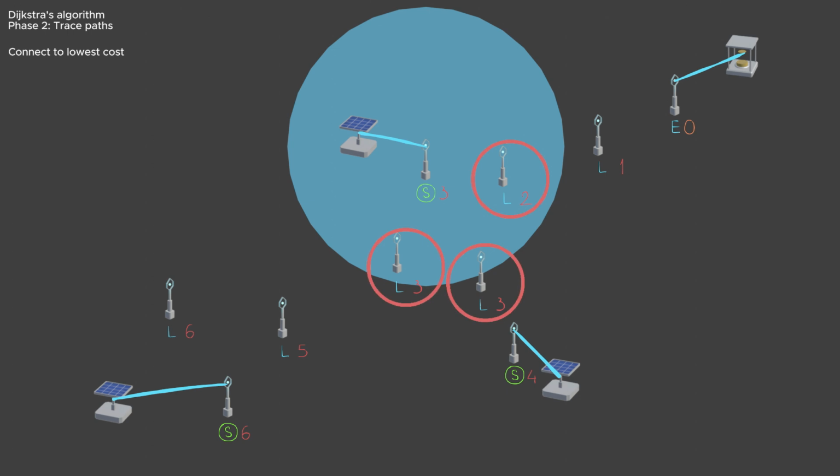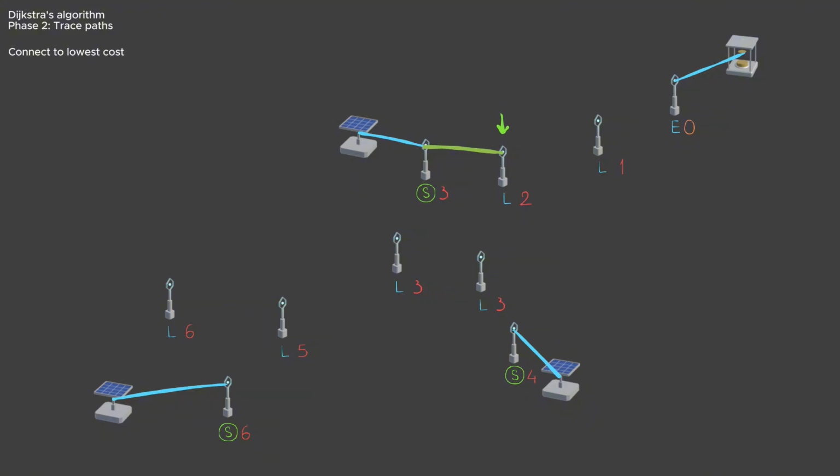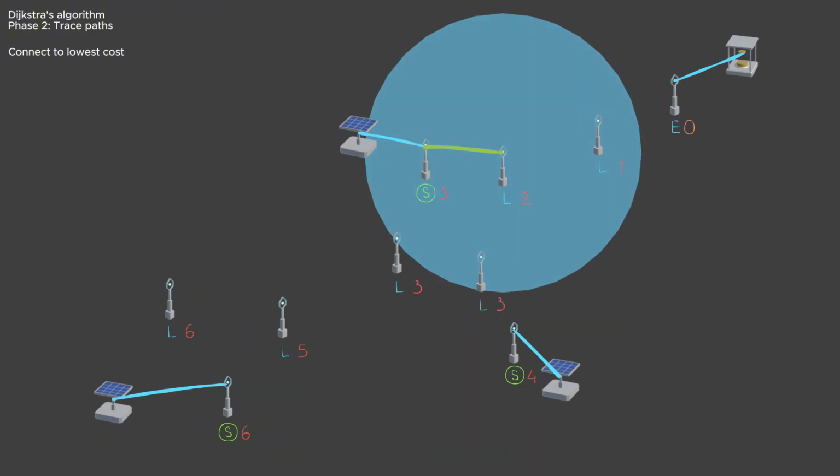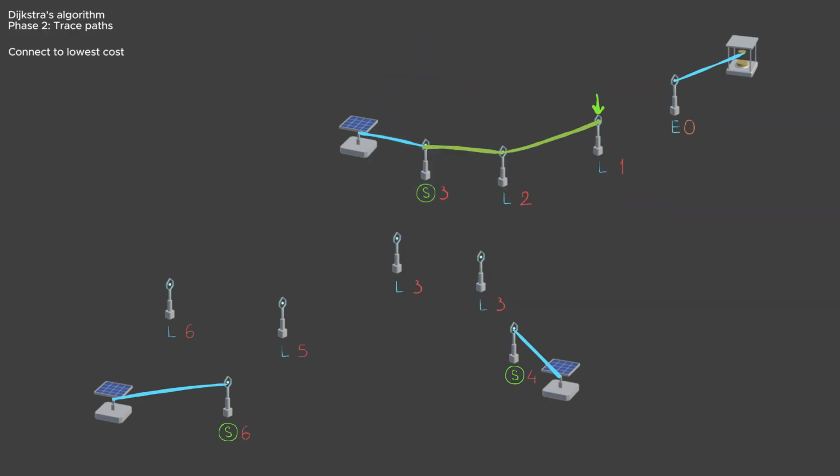There are 3 transmitters in range, but we only connect to the transmitter with a cost of 2, as it's the lowest cost transmitter. Next, there are 4 transmitters in range, but we only connect to the transmitter with a cost of 1. The path ends when we reach a transmitter with a cost of 0, meaning we've reached the endpoint.